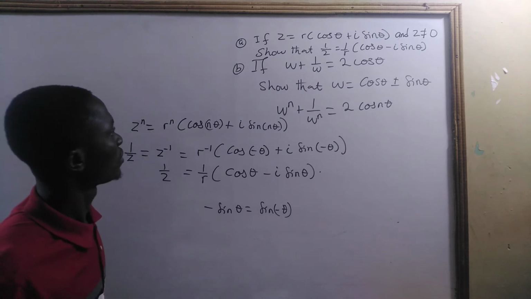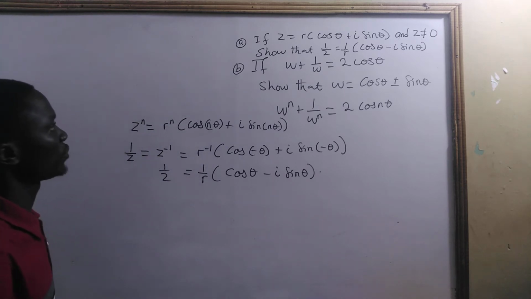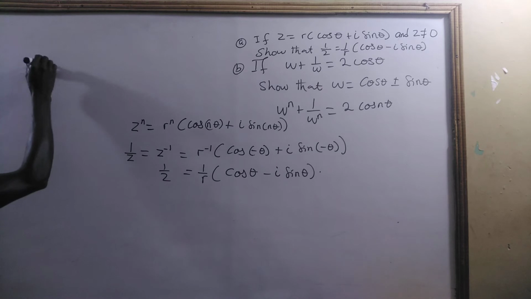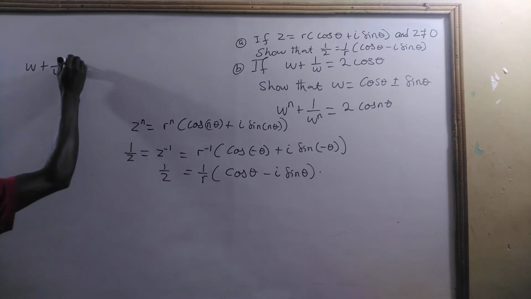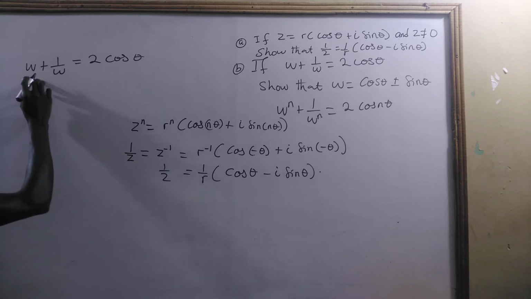Right, now, what about the second one? For the second one, we are saying that if w plus 1 over w is equal to 2 cosine theta, we have to show that w is equal to cosine theta plus or minus i sine theta. So we take w plus 1 on w equal to 2 times cosine of theta. Then let's multiply through by w.